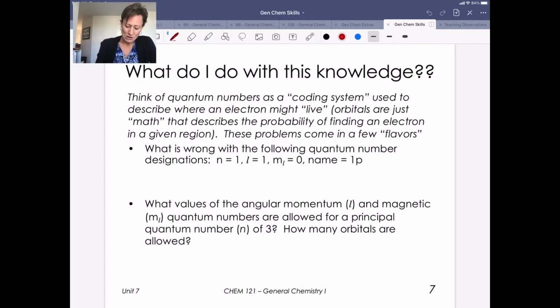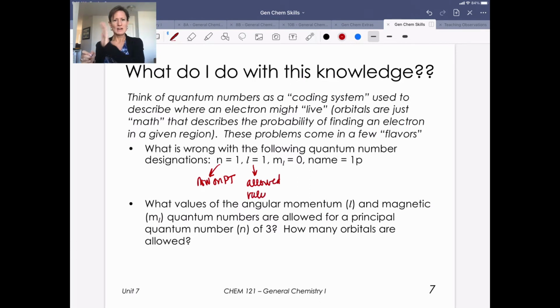If we've got n equal to 1, so remember, if n is equal to 1, this is the row on the periodic table. So we need to then say what the possible allowed values are. Well, if n is equal to 1, the only allowed values for L would be 0 to n minus 1.